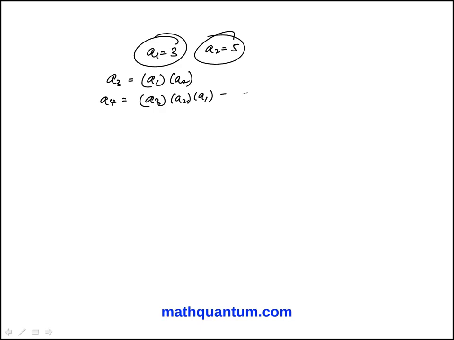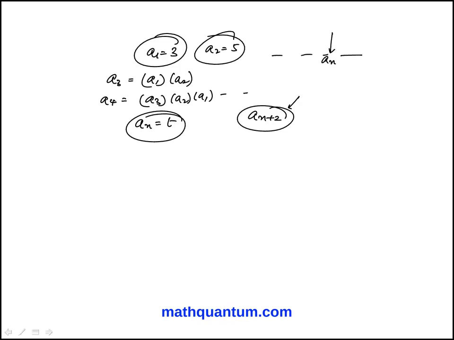And they tell us that the nth term is T, and they want to know the value of the n plus second term, meaning whatever the position is AN, the next term would be AN plus 1, and after that would be AN plus 2. They want to know what that would be in terms of T.